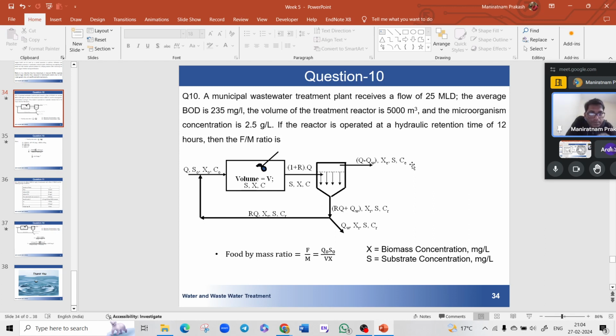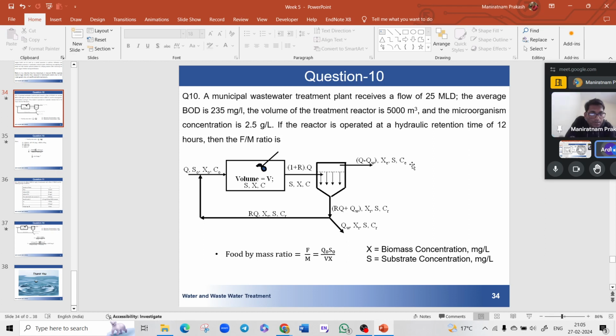And in the question it will be clearly mentioned that influent BOD is given, and outflow BOD. If there is some confusion, you can always assume that the BOD which has the higher value is of the influent, and the lower BOD is the one which is going outside from the system.